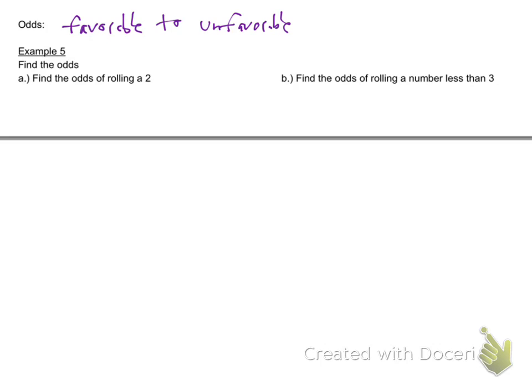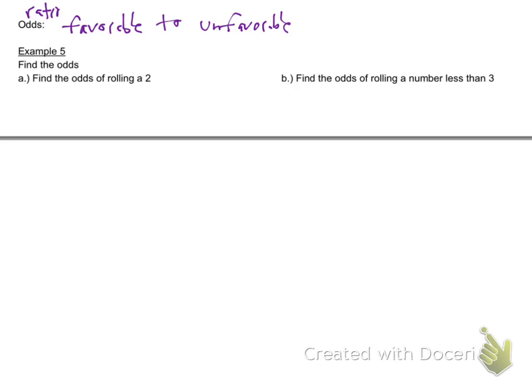It's a ratio, sorry. It's the ratio of favorable to unfavorable. So we still have to worry about what we want, but then we put it over what we don't want. So odds are slightly different than probability.